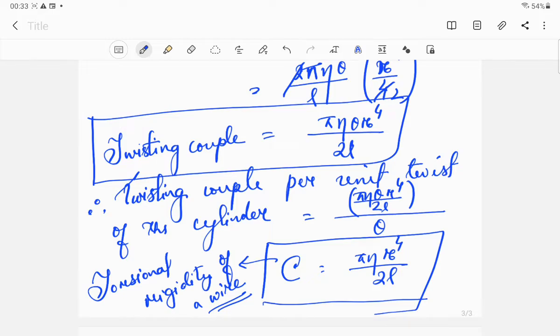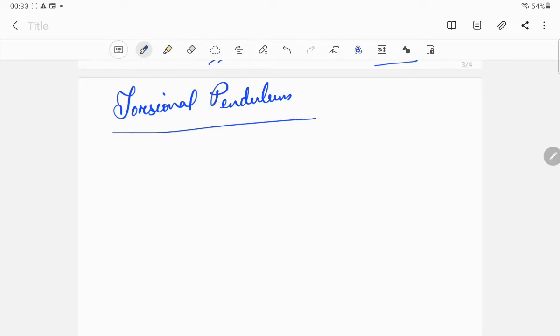And the same principle is also used for the torsional pendulum. You might have performed an experiment for determining the modulus of rigidity using a torsional pendulum. So there also, for the torsional pendulum, you basically have a rigid support like this, and from there a wire, and a disc is attached.